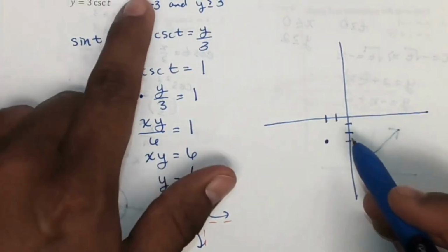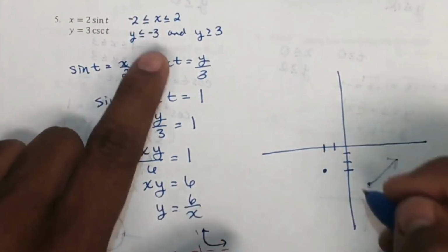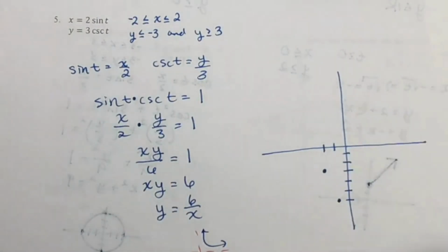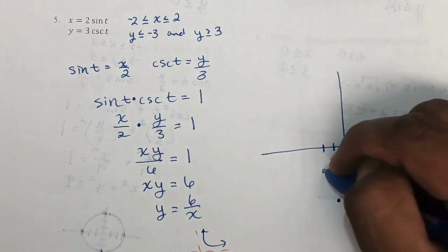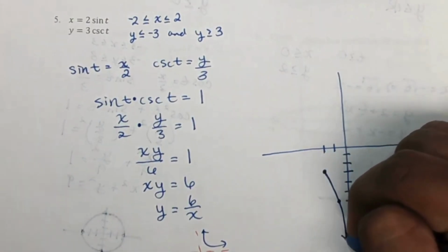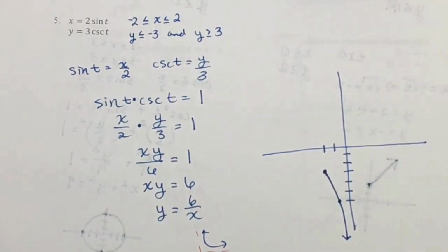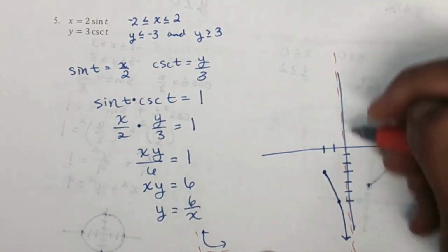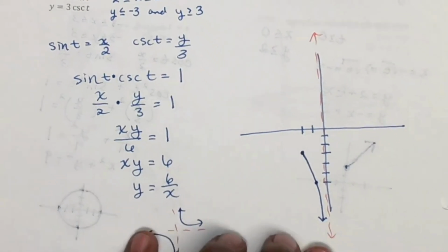Well, if I pick another value that's in between negative 2 and 2, negative 1 would output negative 6, which kind of works out. If I just keep on going, I can plug in values and it just keeps on going here. Because with rational functions, 6 over x will never be 0, so it kind of has an asymptote there.